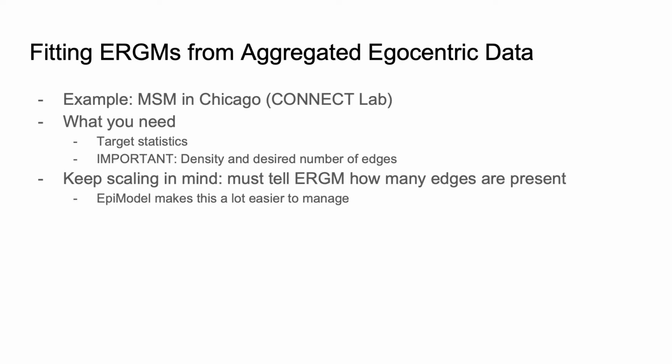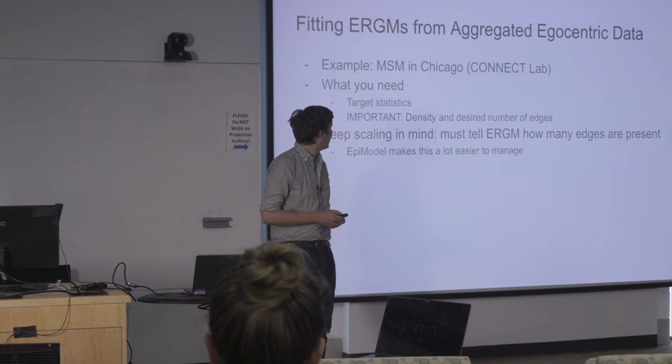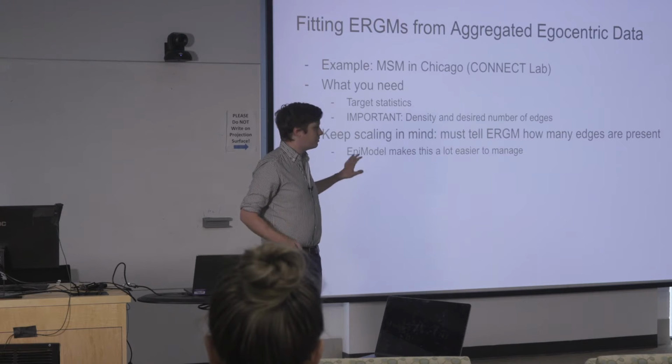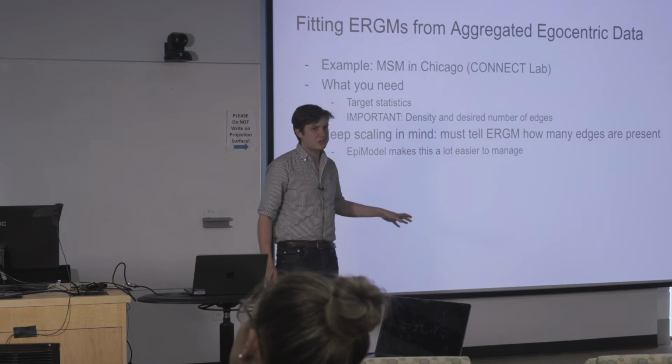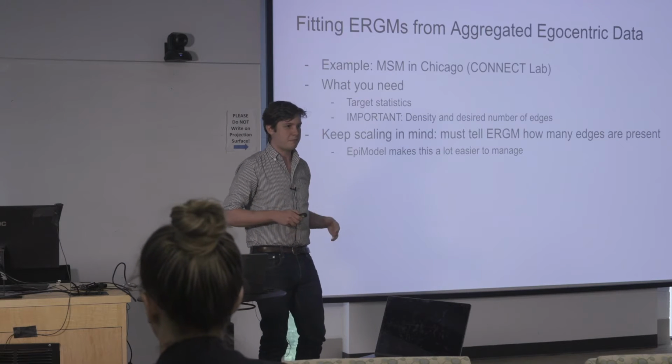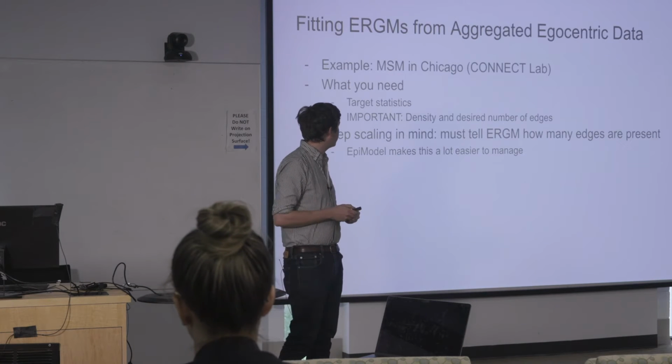So again, following this, I'm a recent hire of the Connect Lab up at Northwestern. They do a lot of collecting egocentric samples of MSM in Chicago and using those to create population-level networks for simulations.